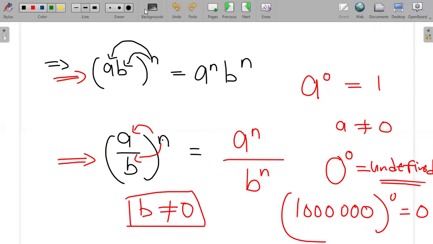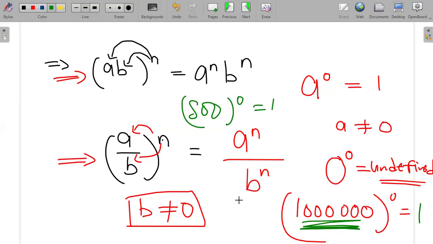So the answer there should be 1, not 0. Sorry, the answer there should be 1. So if you're not doing anything about what you want to achieve, then you are always going to be stagnant, because 500 to the power 0 will still give you 1.